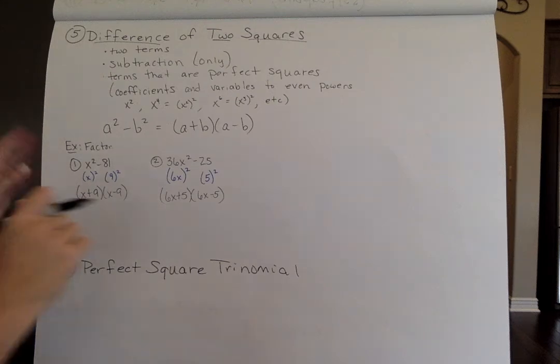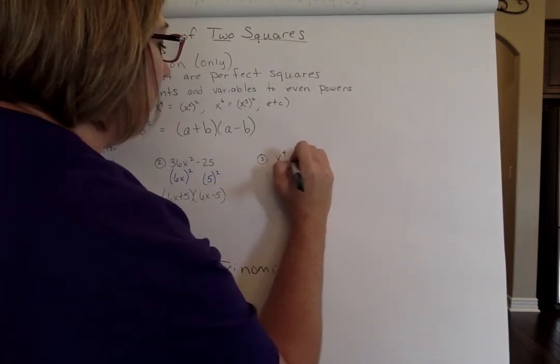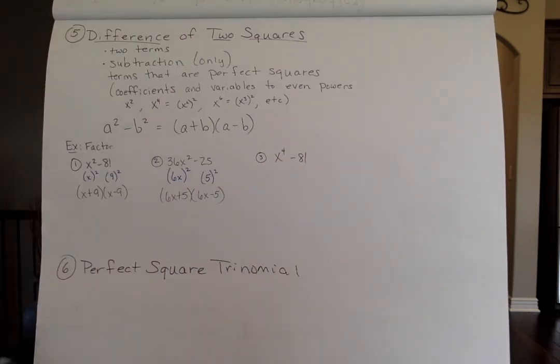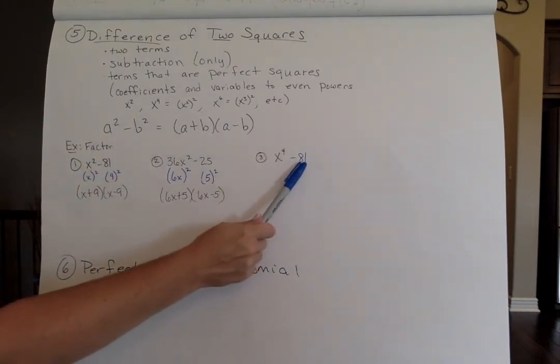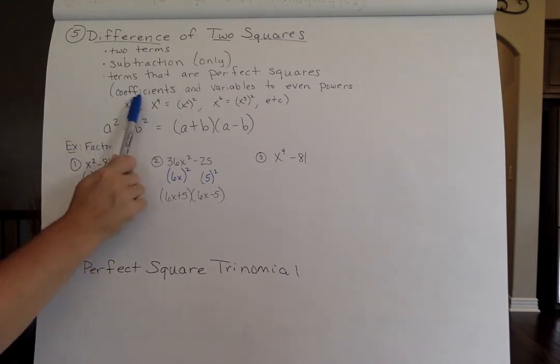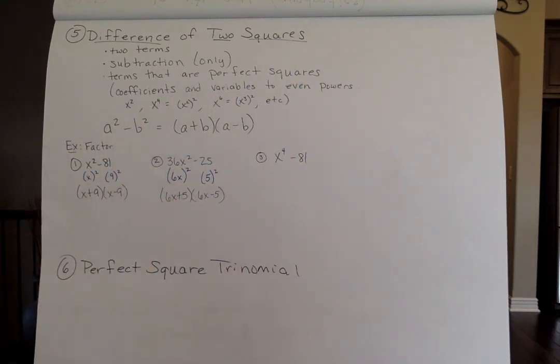Next, one more, x to the fourth minus 81, okay? So again, we have to be able to recognize that this is the difference of two squares, in that any numbers we have are perfect squares, which 81 is, and also variables to even powers. X to the fourth is a perfect square.